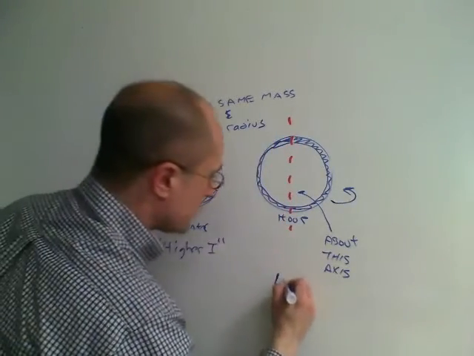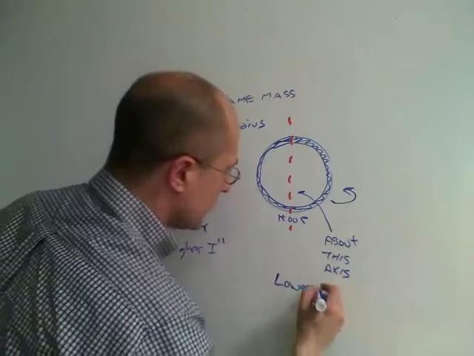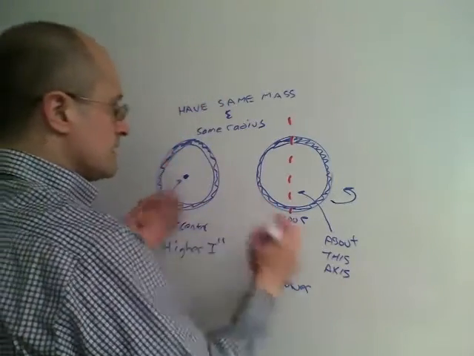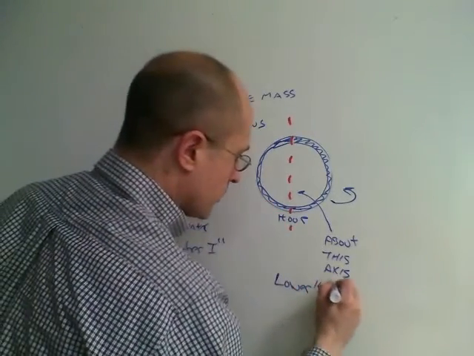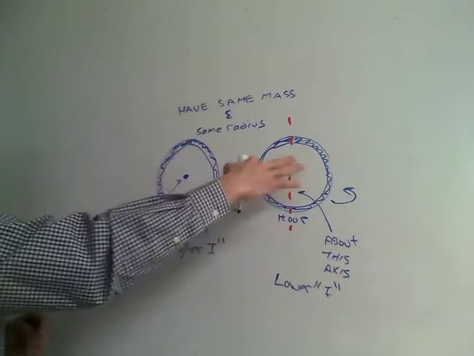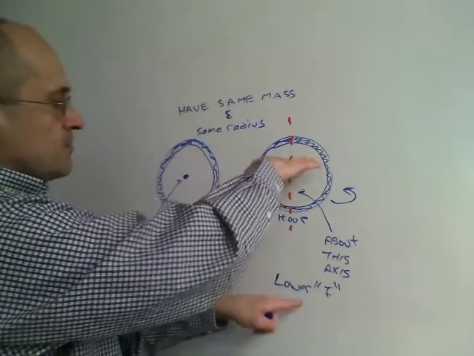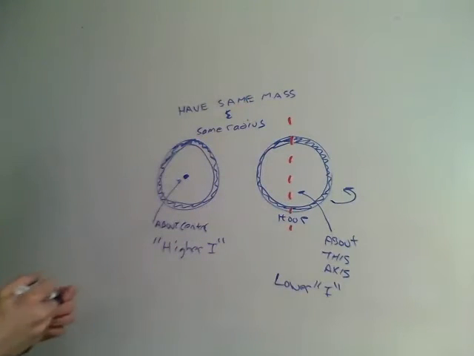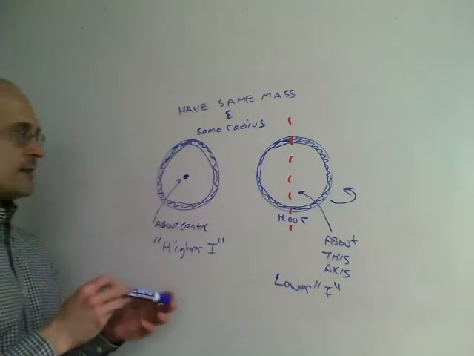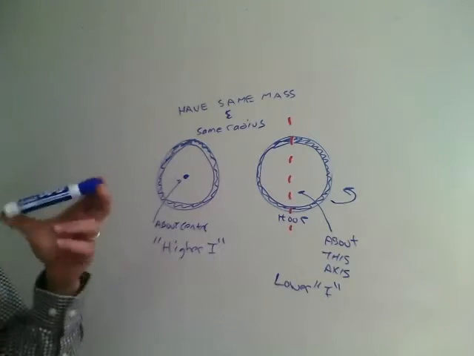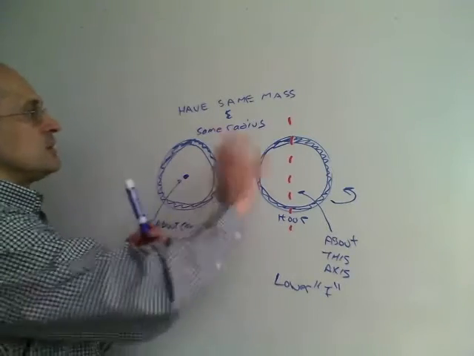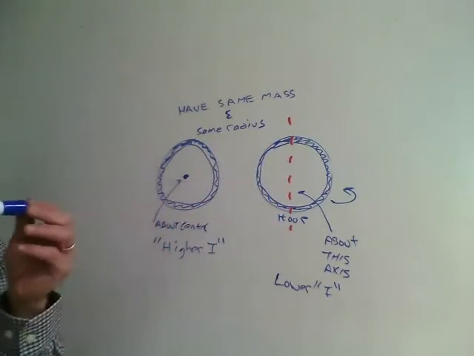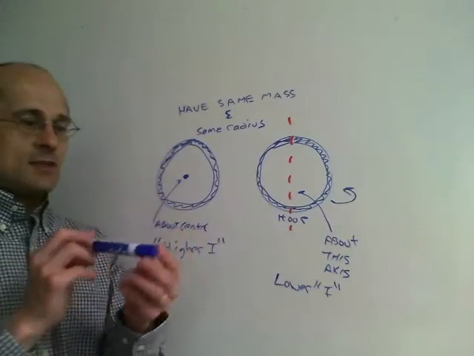So if we're comparing the I of these two of the same ring based on different rotation axes, this one will win. This one will have the lower I because some of the mass is near the axis. And this gets to that second point: choosing your rotation axis changes how the mass is distributed, and it changes the I.